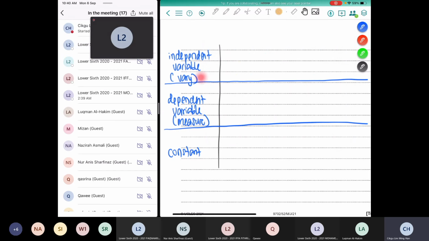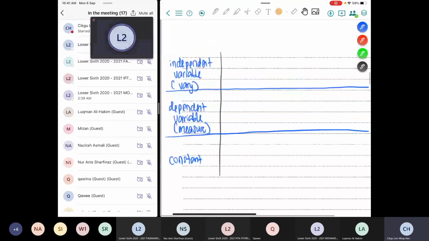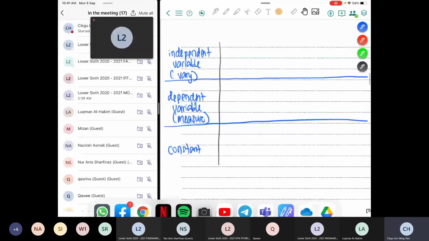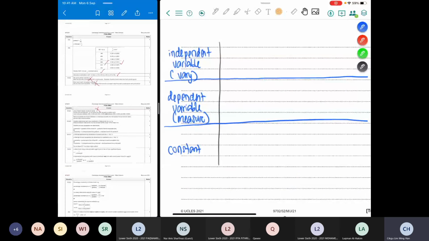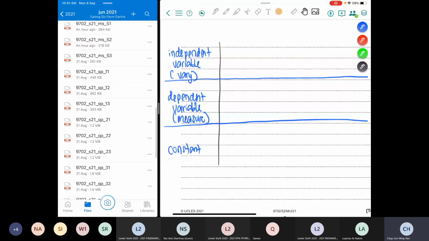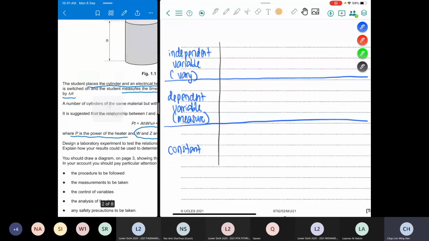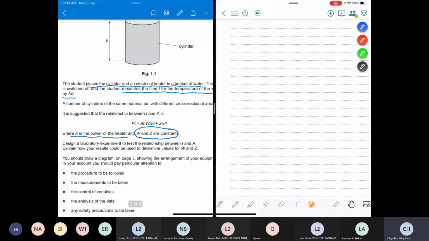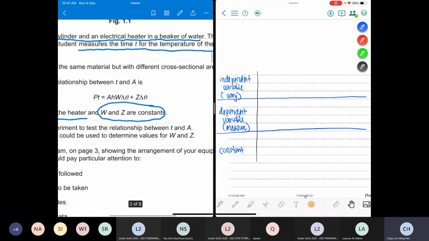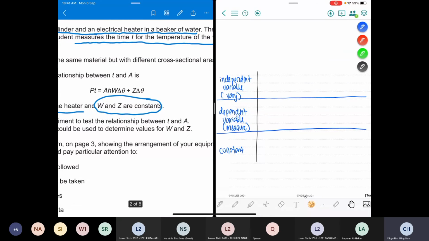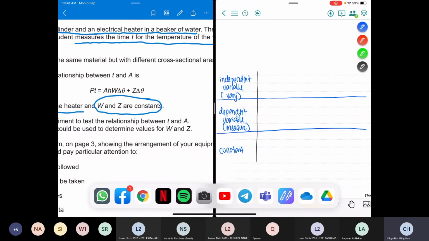Correct. Then dependent is something that you find. Let me show you here. So which of these variables is independent? Which of these is dependent?